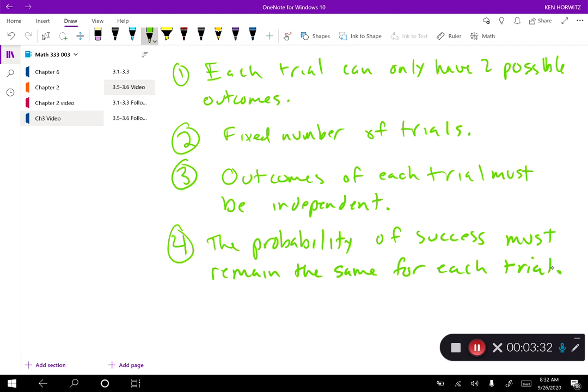So again, with the coin flip, our probability of success in getting a head would be 1 out of 2, no matter what flip you're on, whether you're on the first flip, the 10th flip, or the 12th flip.